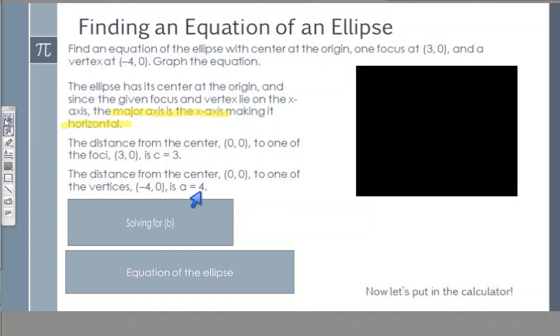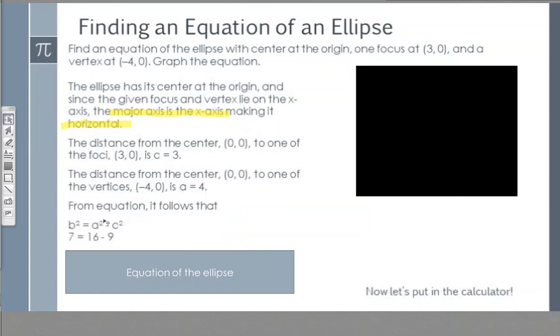Now, in order to write my equation, I have to find out what my B value is. All I did here was rewrite the formula, subtracting C squared from both sides, because I'm solving for B. I left out some steps, so I'm going to include them here. B squared equals A squared minus C squared.